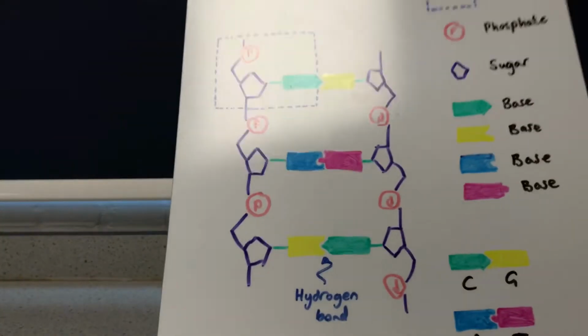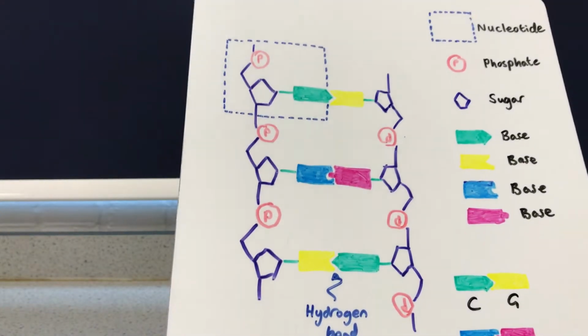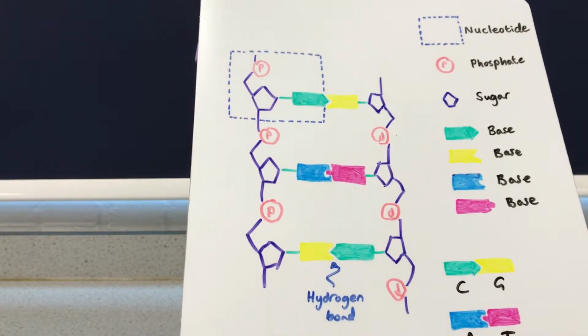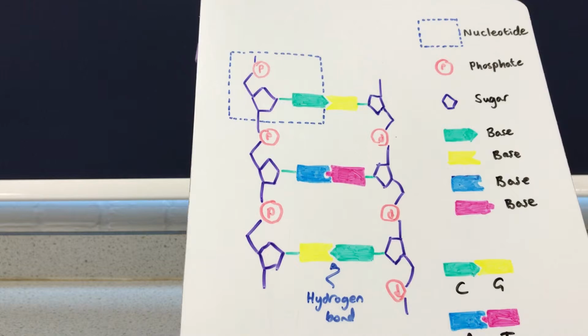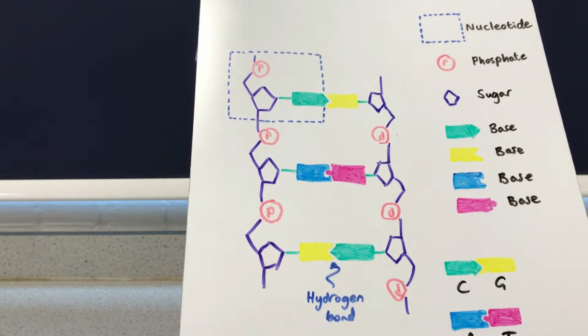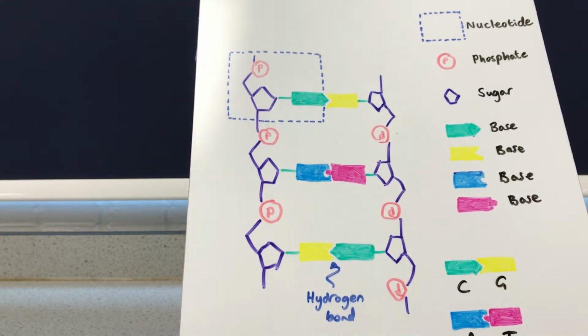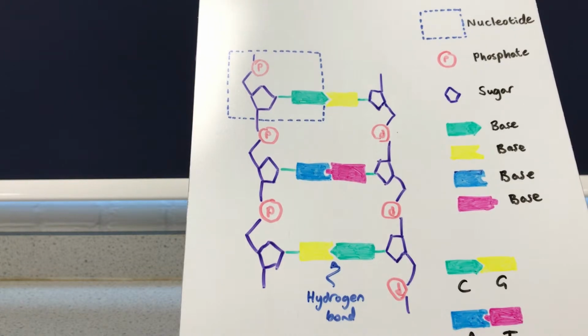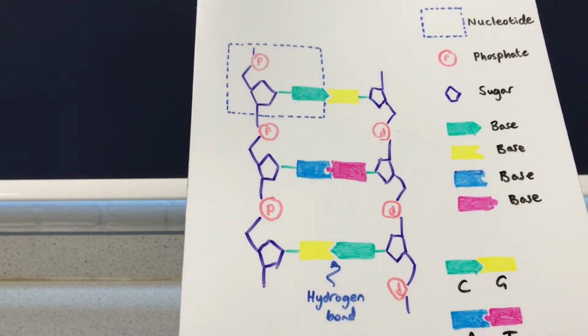Okay, so this picture, get the reflection off it, is one amino acid, okay? In the box there, in that blue dashed box, that is one nucleotide. So a nucleotide is a phosphate, a sugar from the backbone, and one base. And then it joins up with another nucleotide and at that base, and it's a base pair held together with a hydrogen bond.